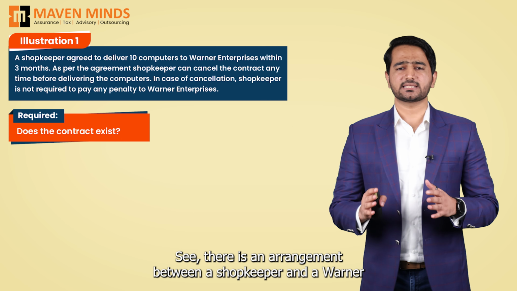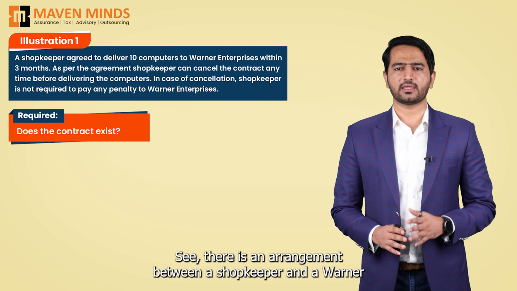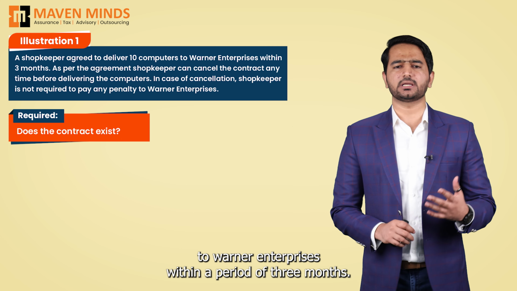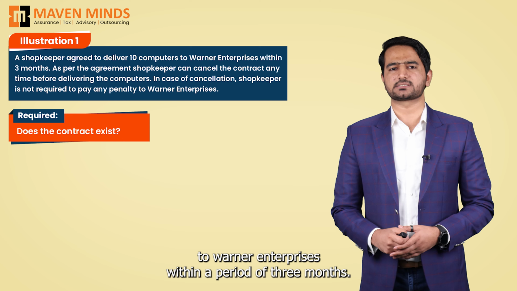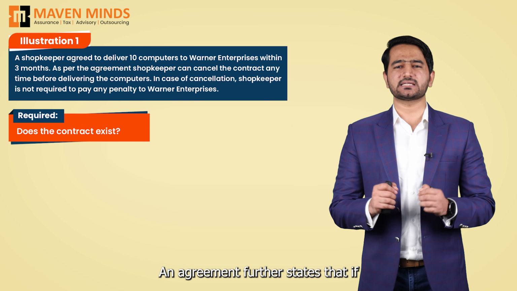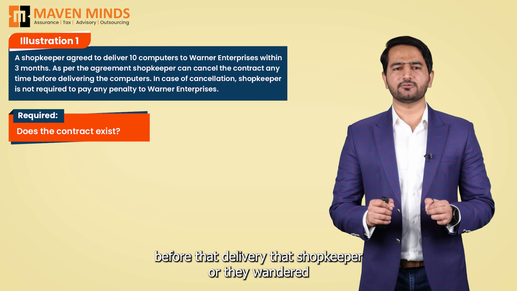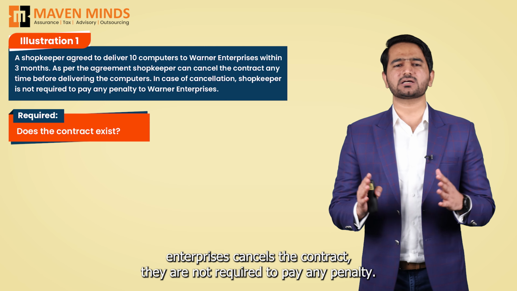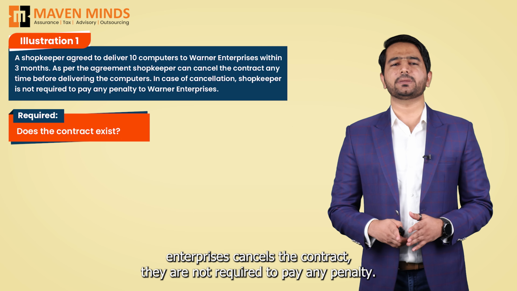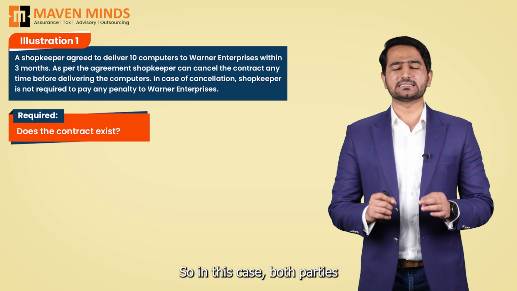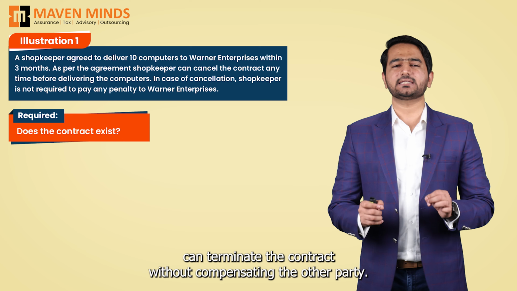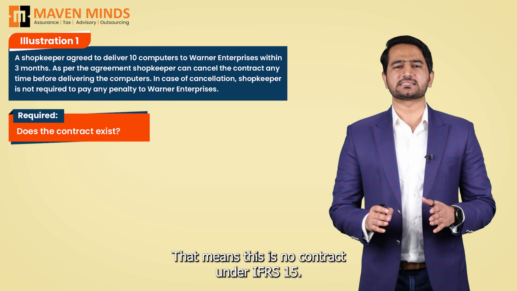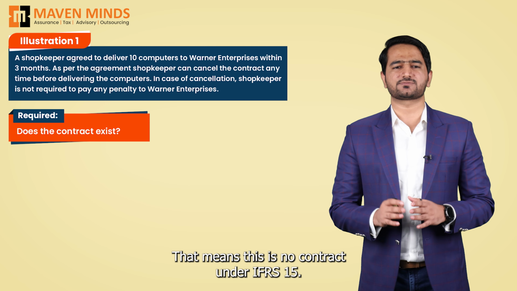See, there is an arrangement between a shopkeeper and Warner that the shopkeeper would be delivering 10 computers to Warner Enterprises within a period of 3 months. The agreement further states that if before the delivery the shopkeeper or Warner Enterprises cancels the contract, they are not required to pay any penalty. So in this case, both parties can terminate the contract without compensating the other party. That means there is no contract under IFRS 15.